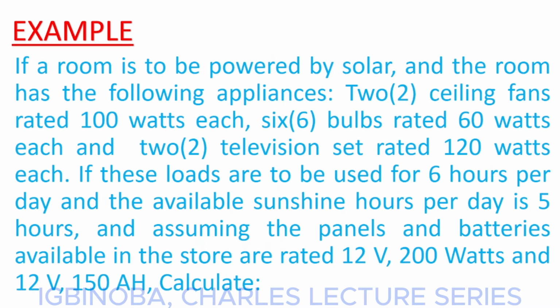In this lecture we are going to be looking at how to design a solar power system. For example, if a room is to be powered by solar and the room has the following appliances: two ceiling fans rated 100 watts each, 6 bulbs rated 60 watts each, and 2 television sets rated 120 watts each.